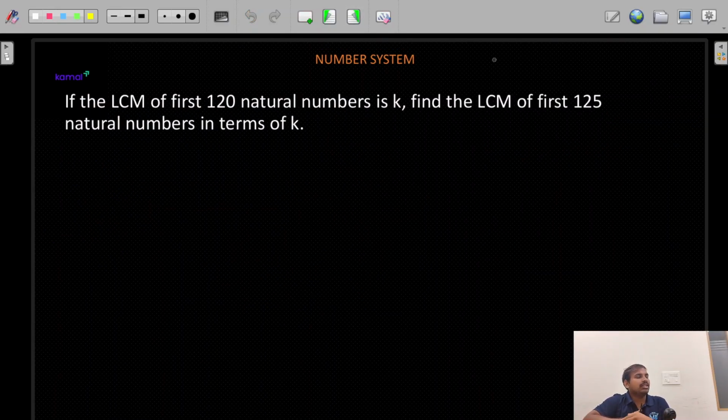So this is an interesting question. The question says: if the LCM of the first 120 natural numbers is k, find the LCM of the first 125 natural numbers in terms of k. Remember there is an LCM rule.